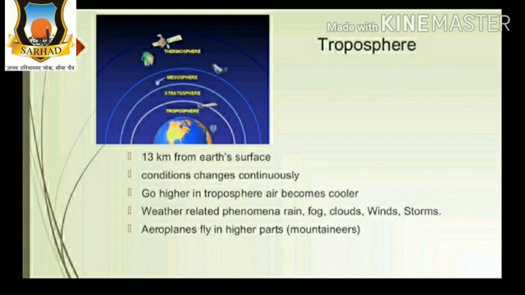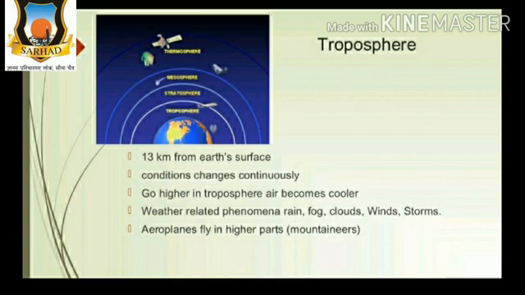The surface of the earth gets heated due to the heat it receives from the sun. Hence, the air nearest the surface is the hottest. As we go higher in the troposphere, it becomes cooler.